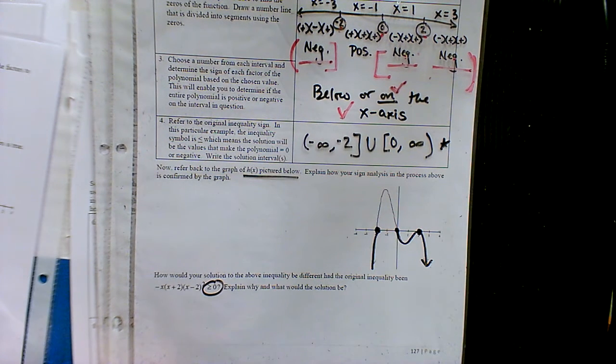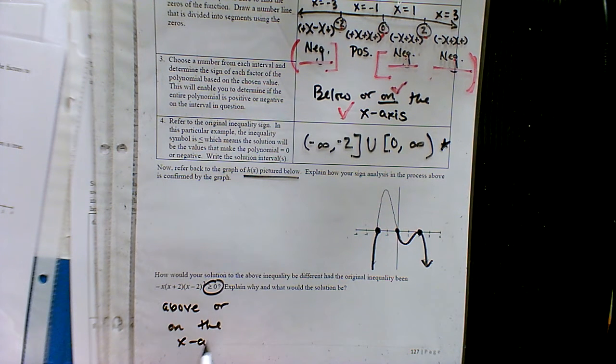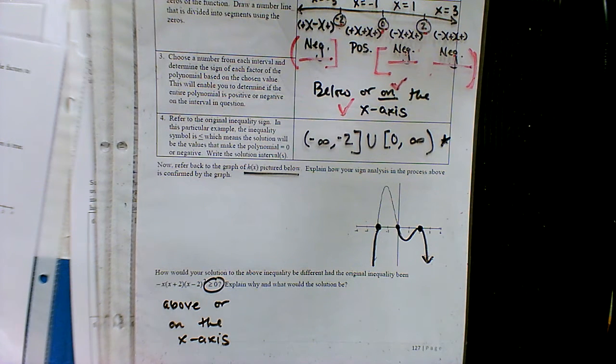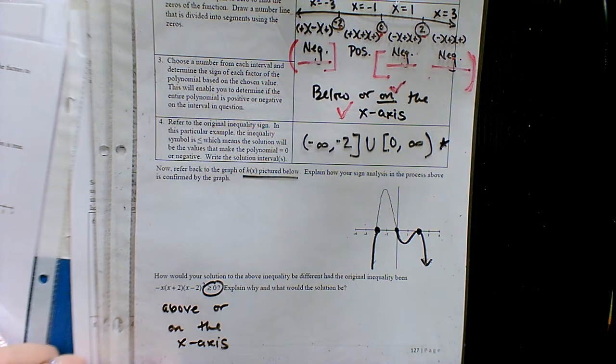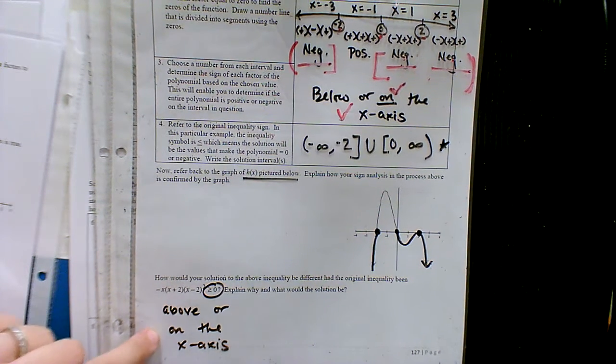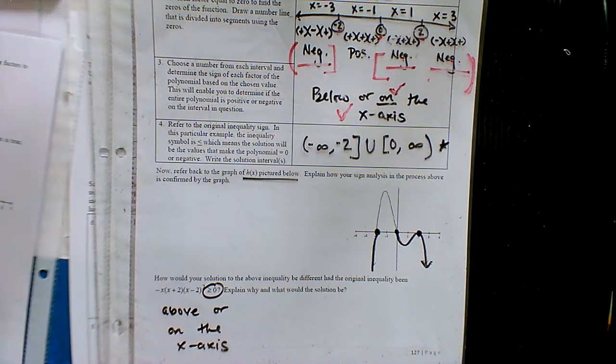Go ahead. Okay, so above or on the x-axis. Okay, on because we have that equal bar. So I'm curious, how can we get this solution based off of our sign chart table? What should we be looking for in this case? If we want above or on.